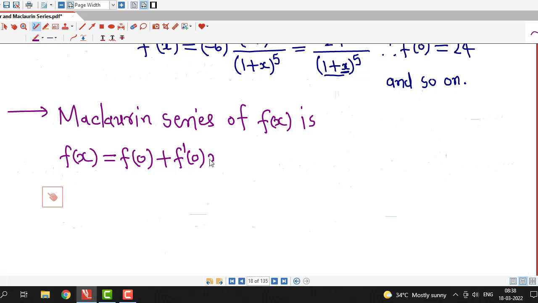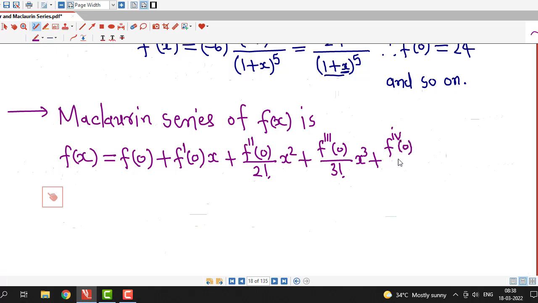Second term is f'(0) into x. Third term is second derivative at 0 divided by 2 factorial times x square. Third derivative at 0 divided by 3 factorial times x cube. Fourth derivative at 0 divided by 4 factorial times x raised to 4 plus fifth derivative at 0 divided by 5 factorial times x raised to 5 and so on.